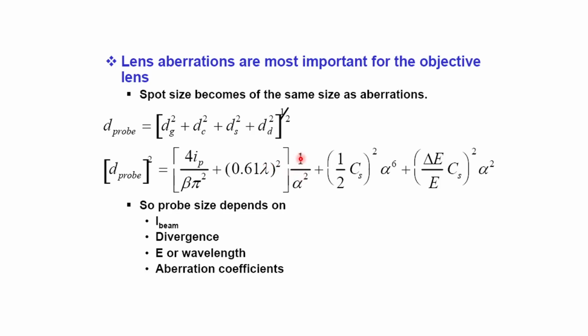This is inversely related to 1 by lambda. So this one will be which aberration?